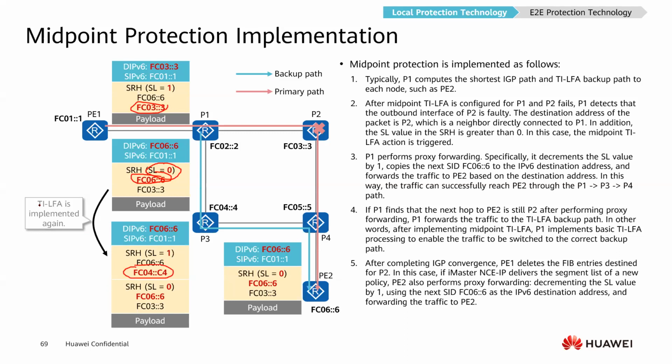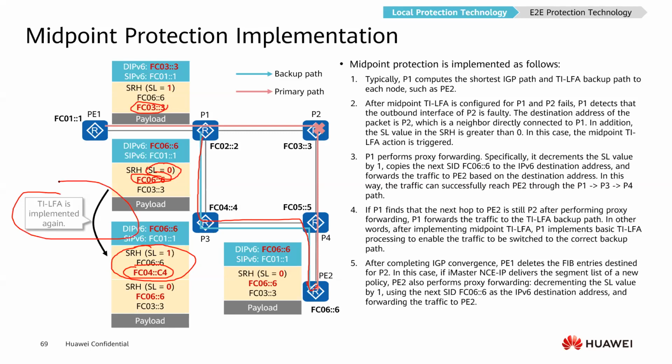They will do the TI-LFA again in case there's some micro loop situation happening. So they will do the TI-LFA calculation again and put the outside SRH and help me send to the destination.